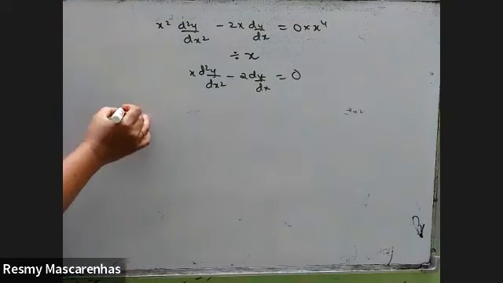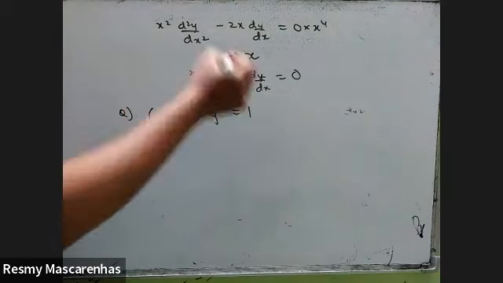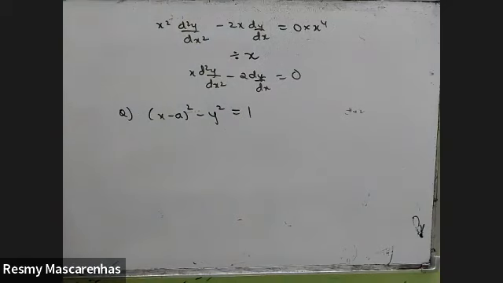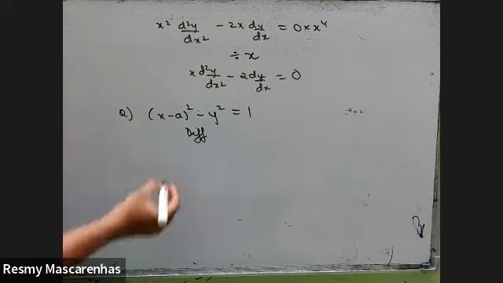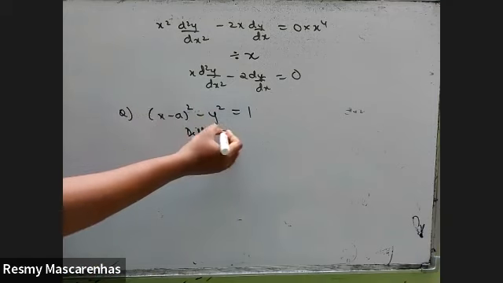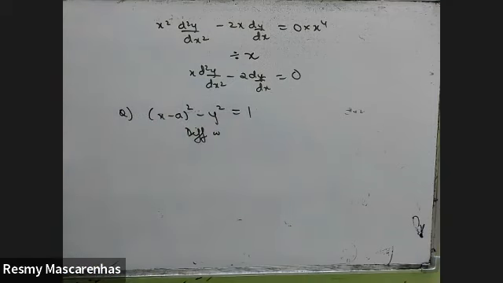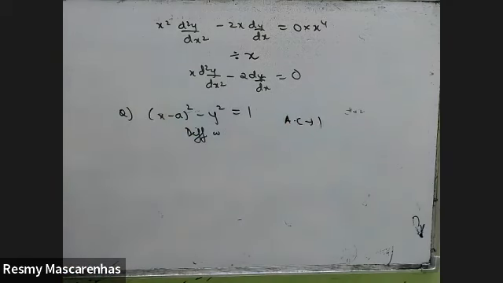I've solved enough problems on this. x minus a the whole square plus y square is equal to 1. Now there's only one arbitrary constant, so you can differentiate it only one time.